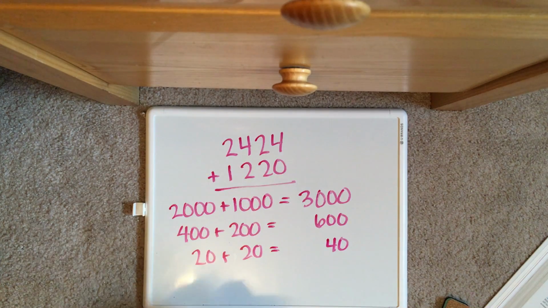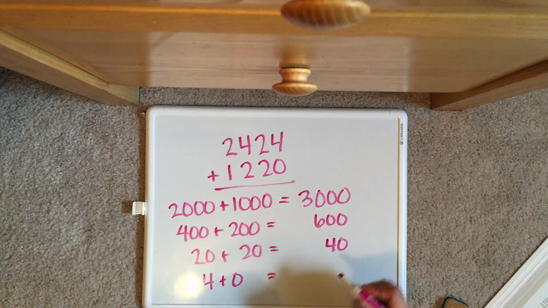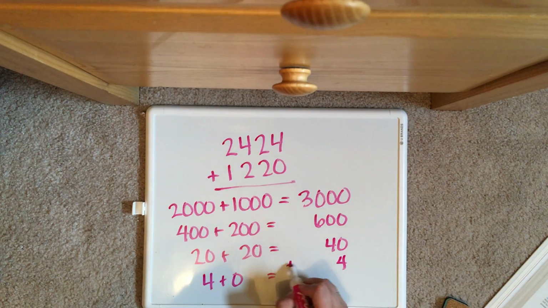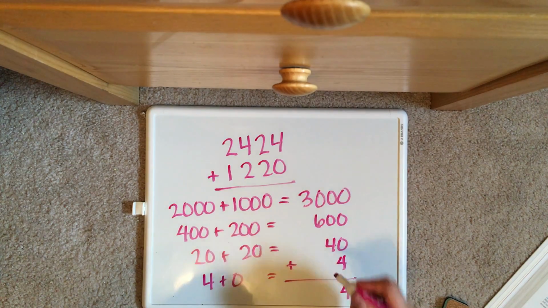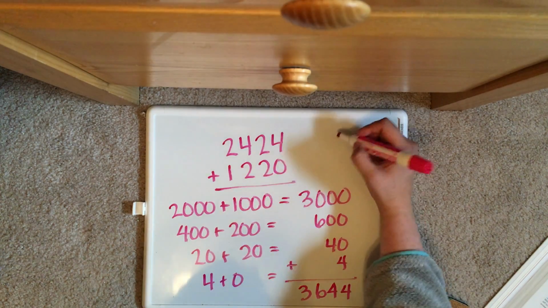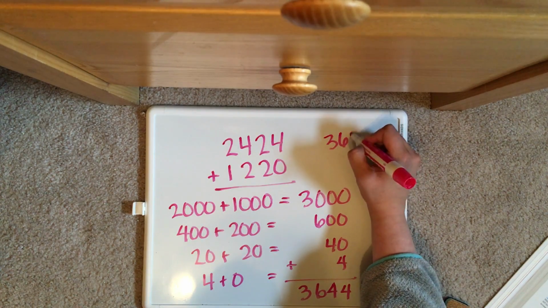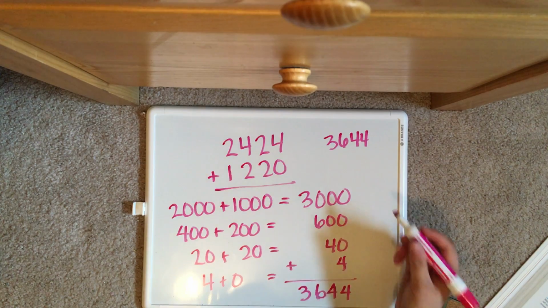Then we go to the ones, and we have 4 plus 0 equals 4. So we are then going to add all of this up. 4, 4, 6, and 3. So we would get 3,644.